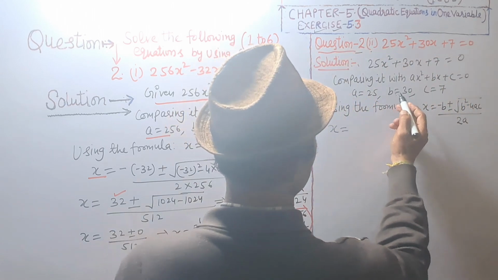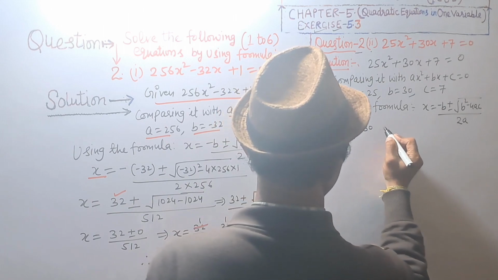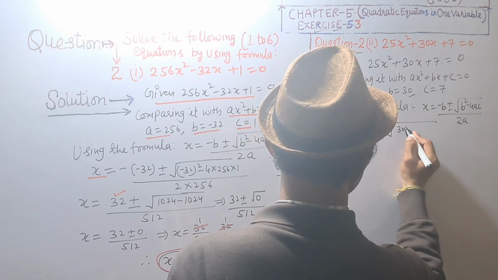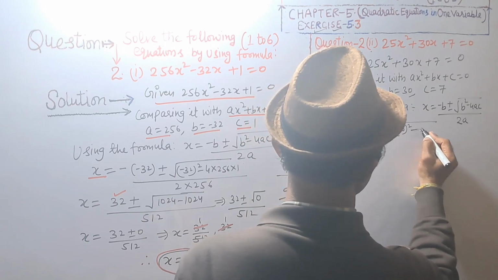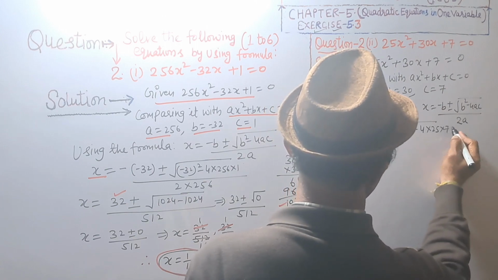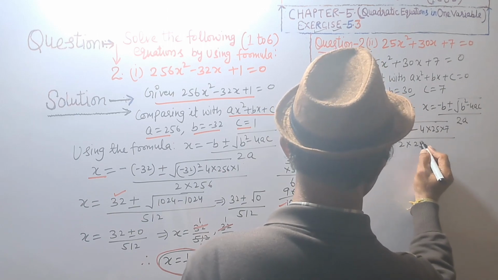X equal to minus 30, minus b plus minus root 30 square, b square minus 4 into 25 into c is 7 divided by 2 into 25.